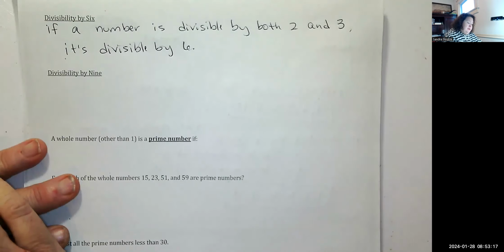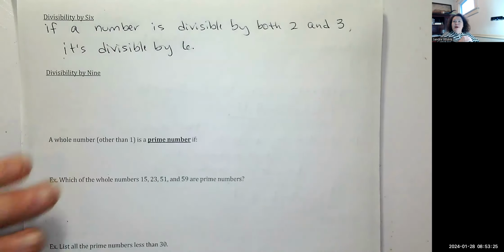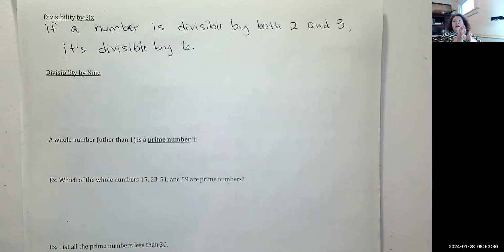All right, for divisibility by 9, if the sum of the digits of a number is divisible by 9, then the number is divisible by 9. So just the same concept with the 3. Remember, we took the sum of the digits, the 57, they added up to 12. So because the 12 was divisible by 3, the 57 was as well.